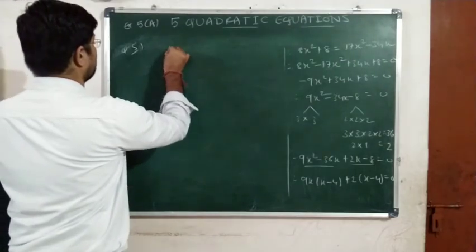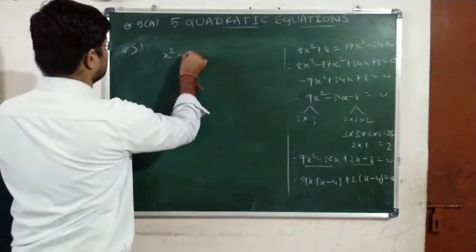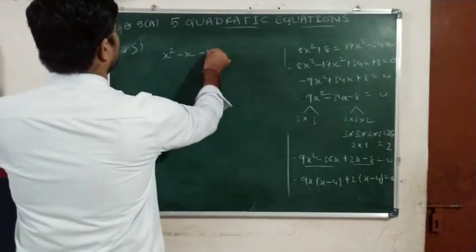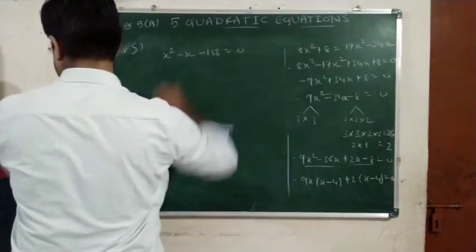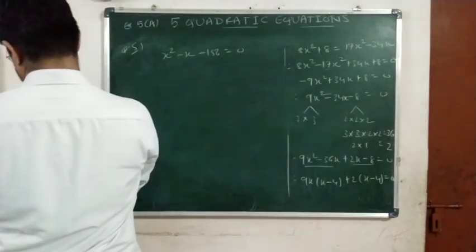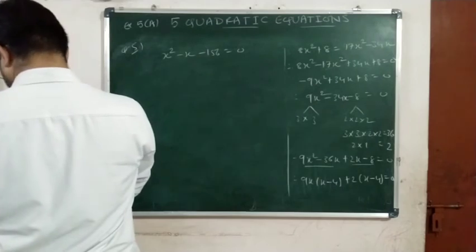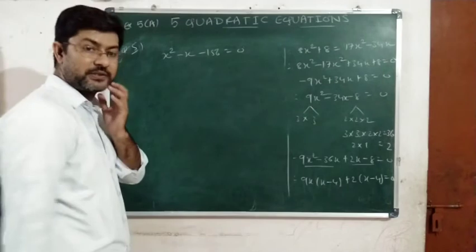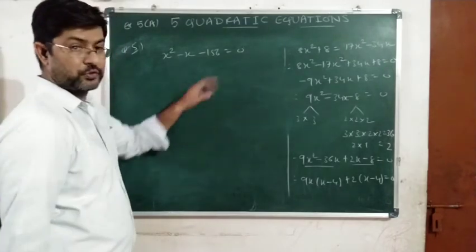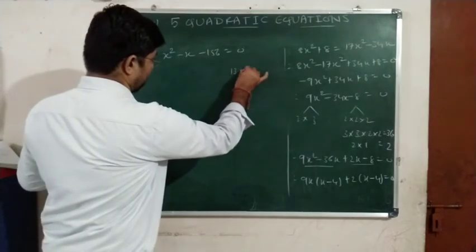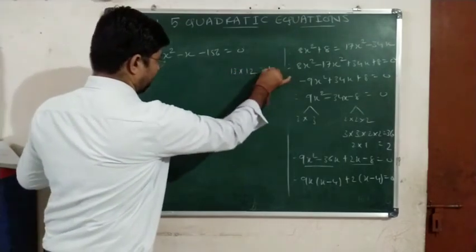The question was like this: x square minus x minus 156, I think. Let me check. Yes, x square minus x minus 156. So by mistake I wrote the two factors to be 11 and 12 but it is actually 13 and 12, 156.